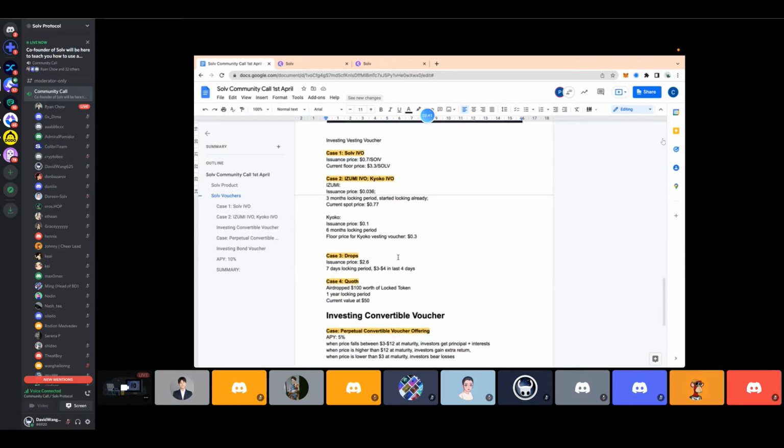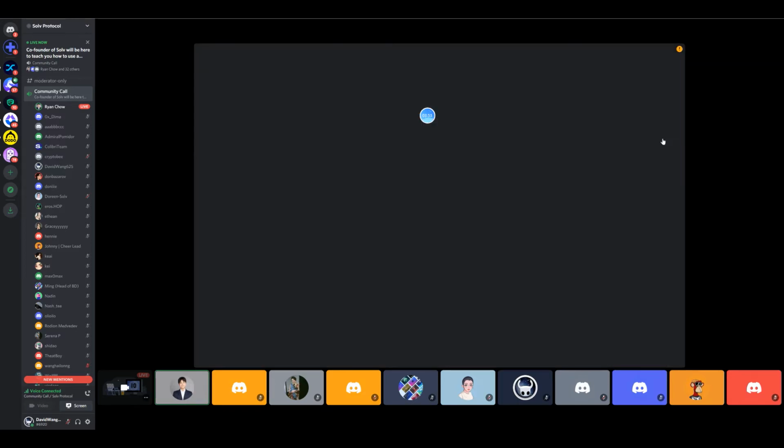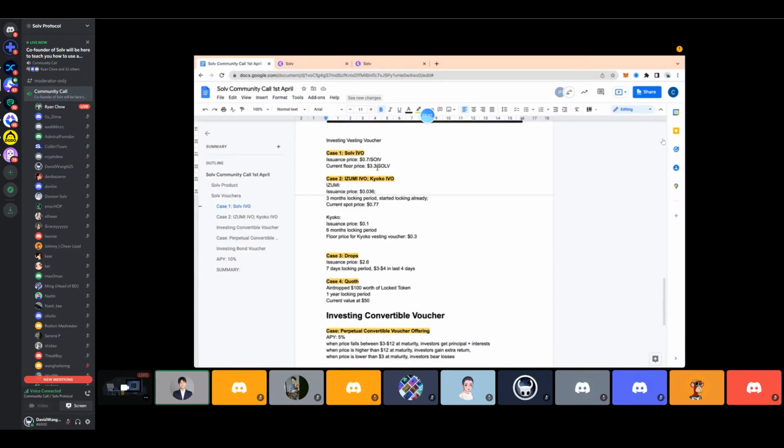The case is that some users have already earned some money. So the first one is Solv IVO, the Solv vesting voucher IVO. For Solv Protocol, we conducted the IVO 4 months ago, and at that time the issuing price was $0.7 per Solv token.